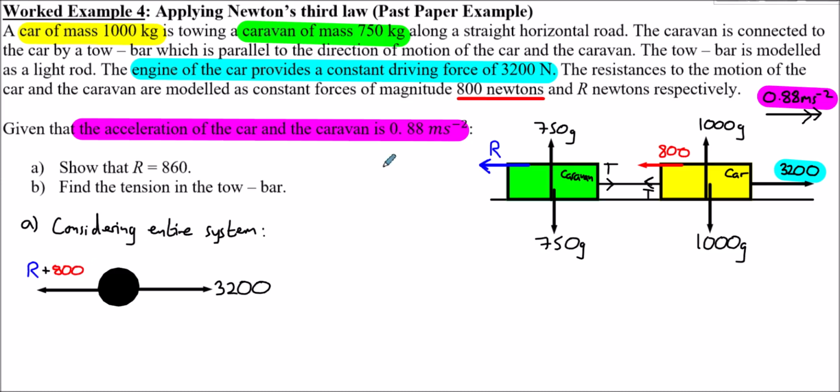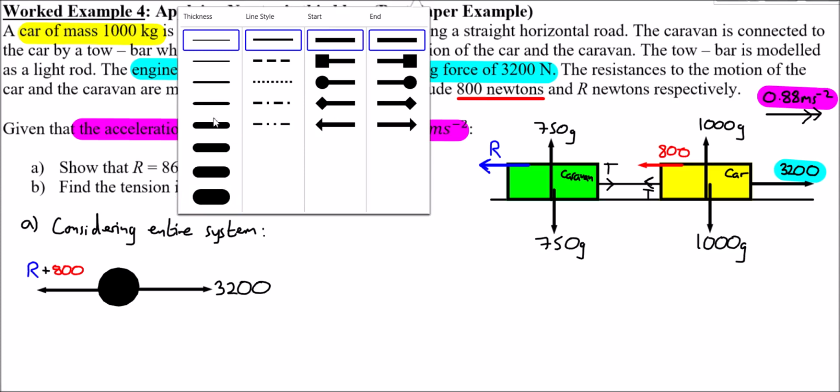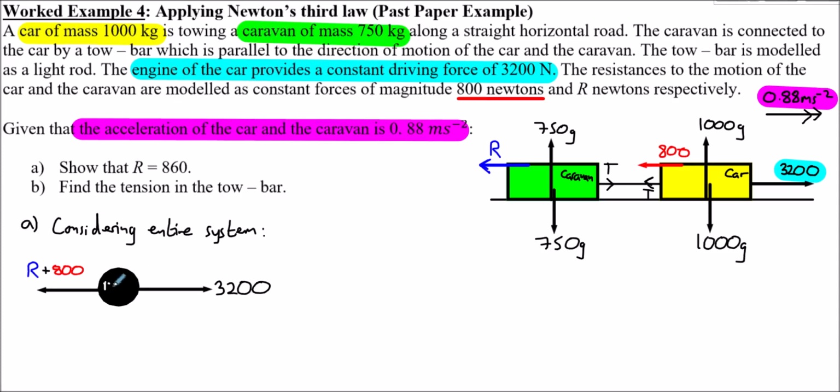Now, the mass of the whole system, the caravan and the car combined, is 1,000 kilograms plus 750 kilograms, so the total mass is 1,750 kilograms. So now we can apply F equals ma horizontally.